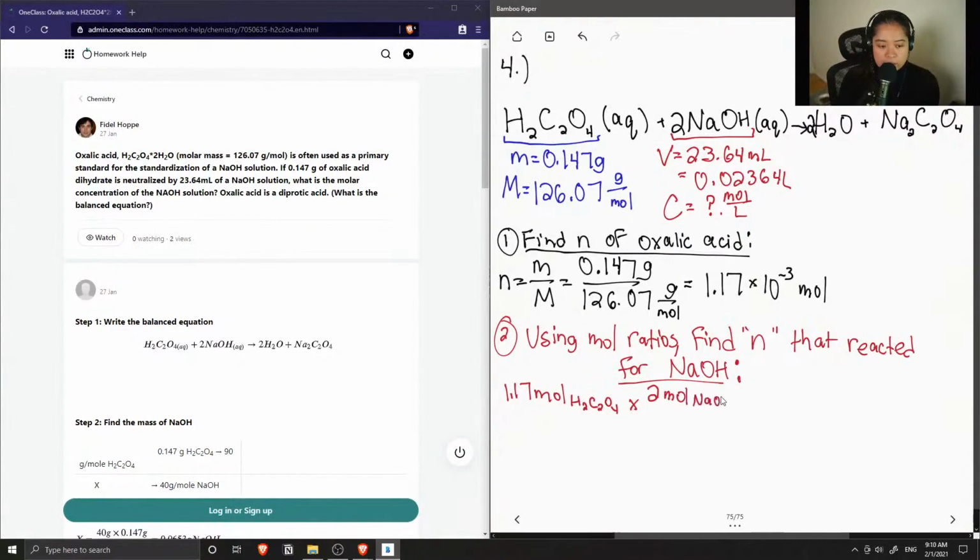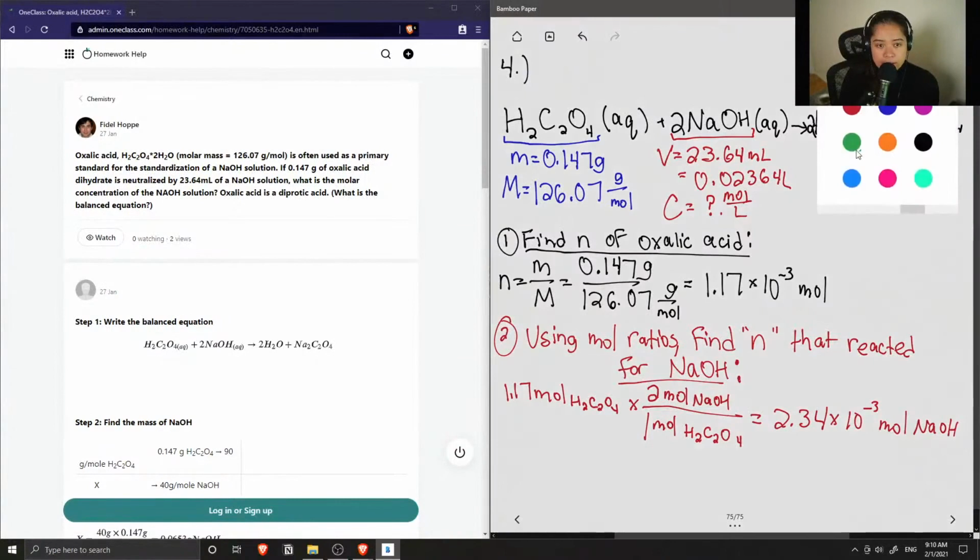So 2 moles sodium hydroxide, and oxalic acid, which is the units we're trying to get rid of, will be at the bottom. So if we multiply this by 2, we get around 2.34 times 10 to the negative 3 moles of sodium hydroxide.